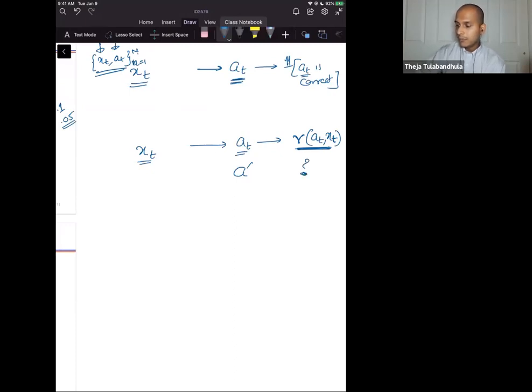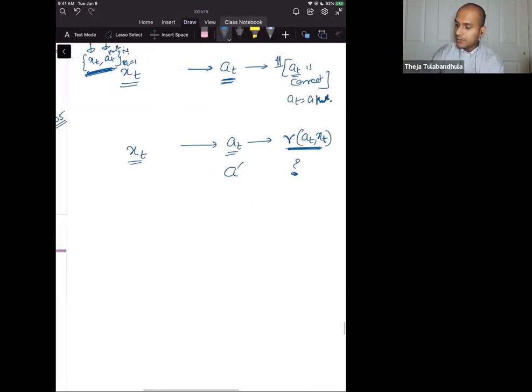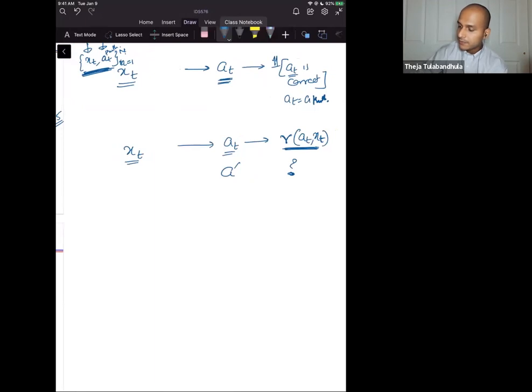Because I know the training data, let me write it as a truth here. at is correct just means that at is equal to a truth. What I'm saying is that in supervised learning, think of the training phase.